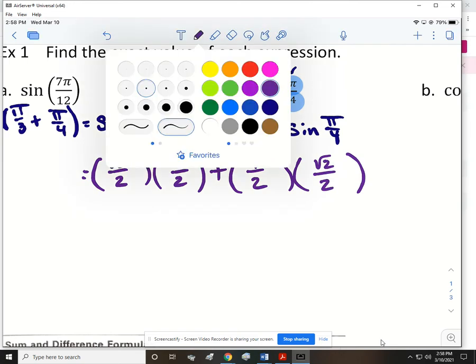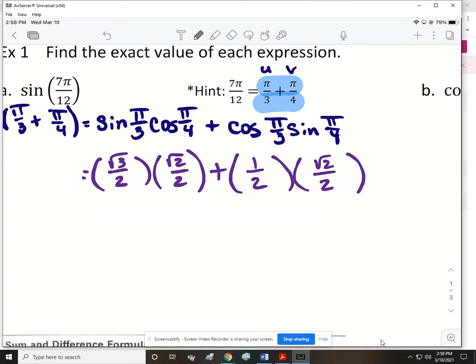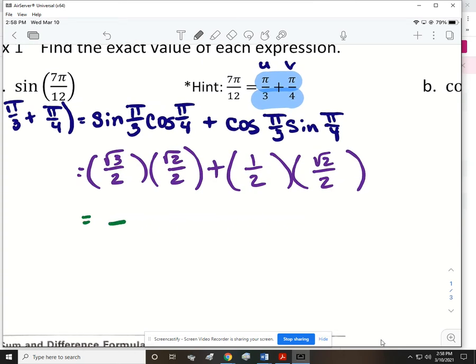All right. So now this just leaves us with some fractions that we need to multiply and then add together. So when we multiply fractions, you multiply across the numerator and across the denominator. So we have to know how to multiply fractions, and we need to know how to multiply radicals. So when we multiply the square root of 3 times the square root of 2 is the square root of 6. And then 2 times 2 is 4.